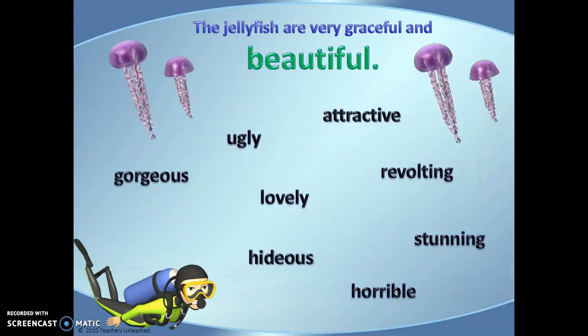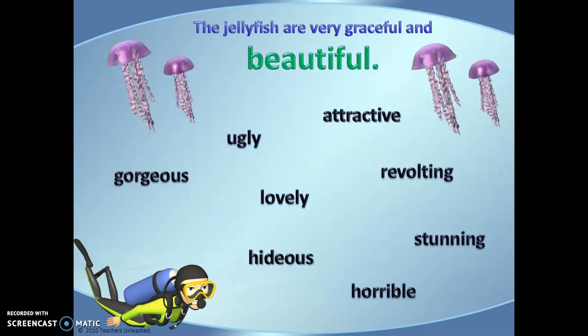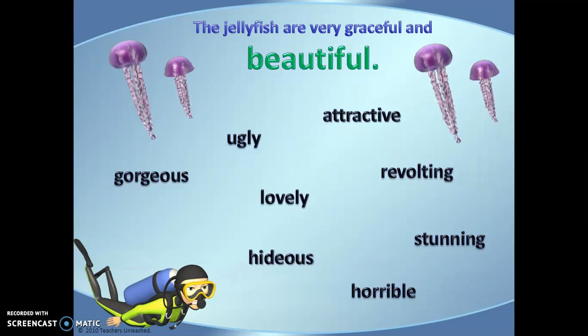And then I read the sentence, the jellyfish is very graceful and beautiful, and I told them to write 1 or 2 words for each, a synonym for beautiful and an antonym for beautiful. So they were to write under S or synonyms, words like attractive or lovely, and then under A or antonyms, ugly or hideous.